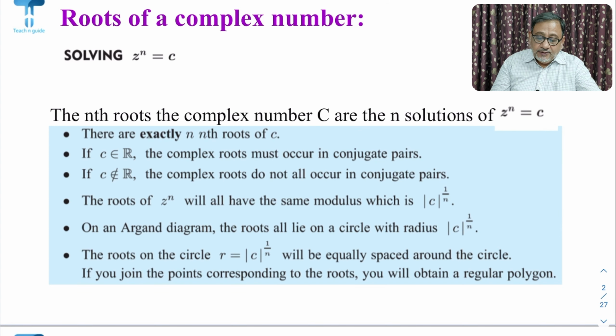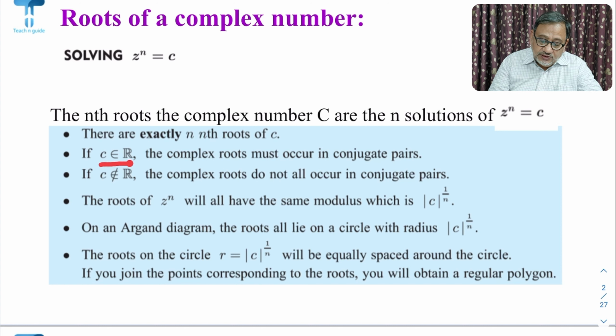There are exactly n nth roots of c. If it is the nth root, there will be n nth roots. For example, if you want to find the fifth root, then there will be 5 fifth roots. Similarly 4 fourth roots, 6 sixth roots, and so on.